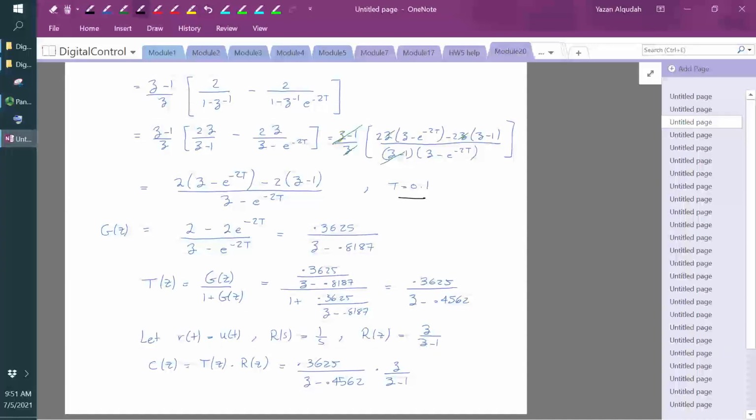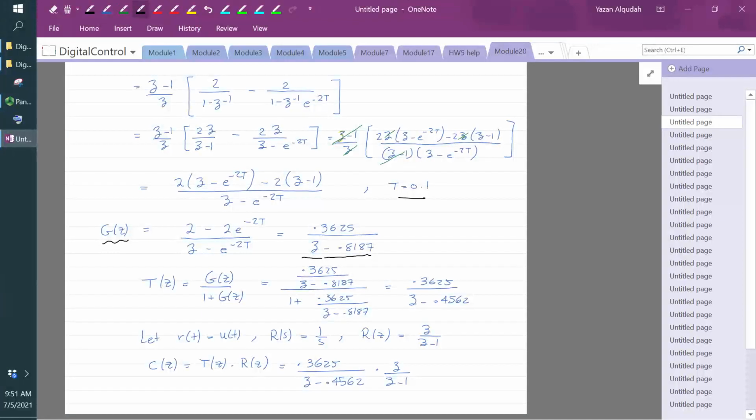Nevertheless, the more important thing is understanding the concept and being able to do the math. So if we do that, we take this complicated expression and it simplifies to this expression here, 0.365 over Z minus 0.8187.